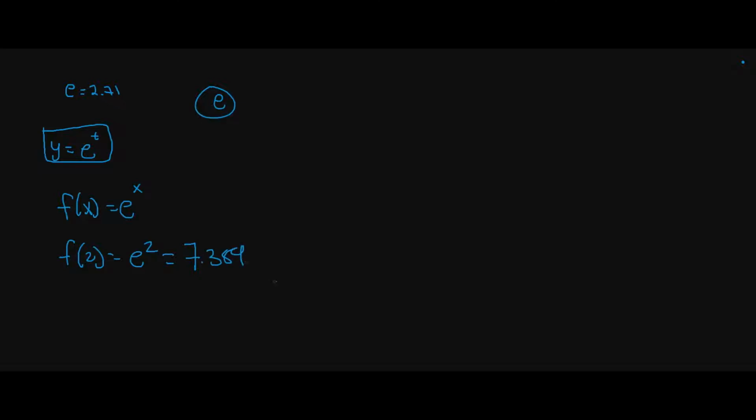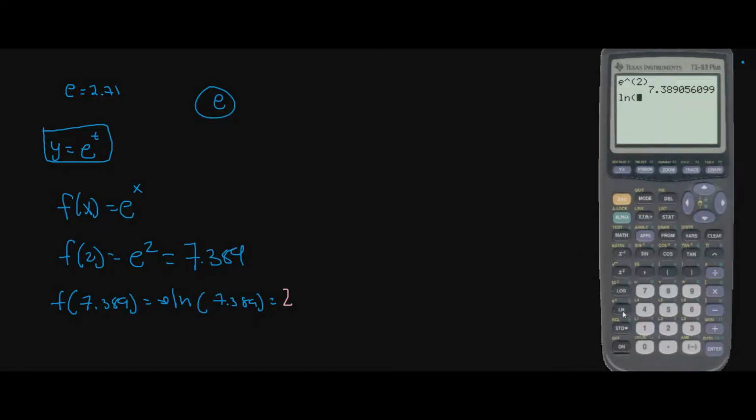Let's see what happens if we plug 7.389 into my natural log, ln. I guarantee you, because they're inverses, we are going to get 2 back. Let's do ln, and I can hit second answer, which takes my previous answer and plugs it in. And we get 2. You'll see what goes around comes around for these two functions.